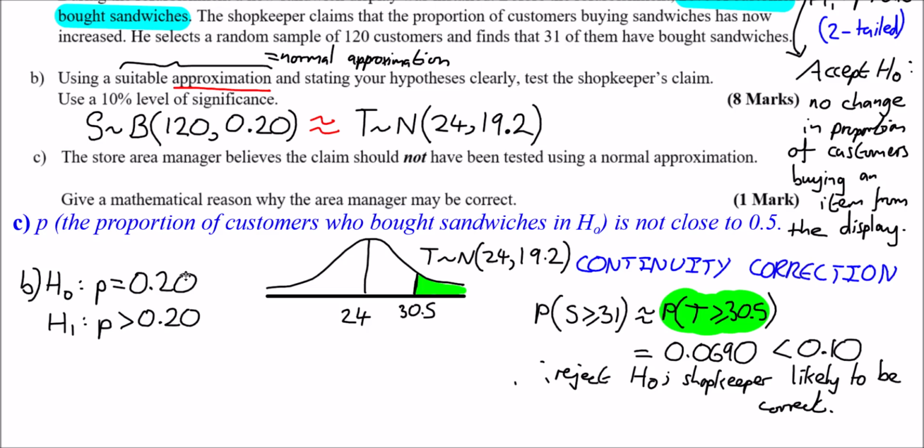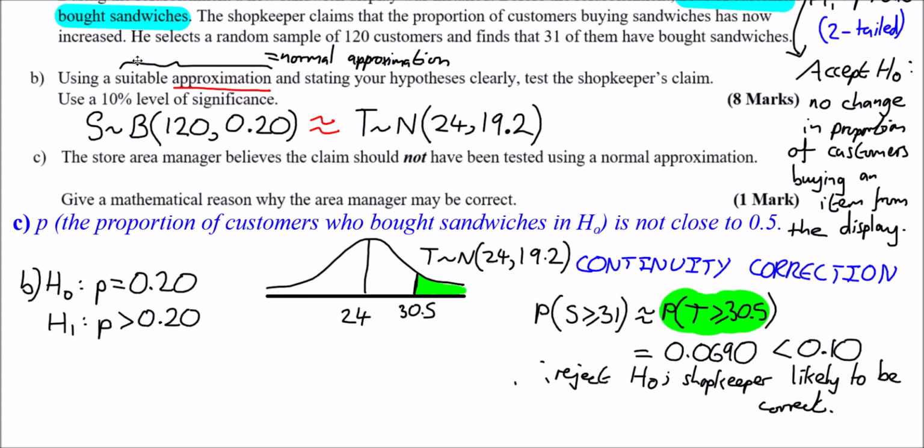You still can use normal approximation, but it's not going to be a very good approximation at that. If p was about 0.45 or 0.48, fine. 0.20 though is a bit far out really. But because part B forces you to use an approximation, and the only one you can use for the binomial is the normal, then you had to use a normal approximation because of the way the question was constructed.